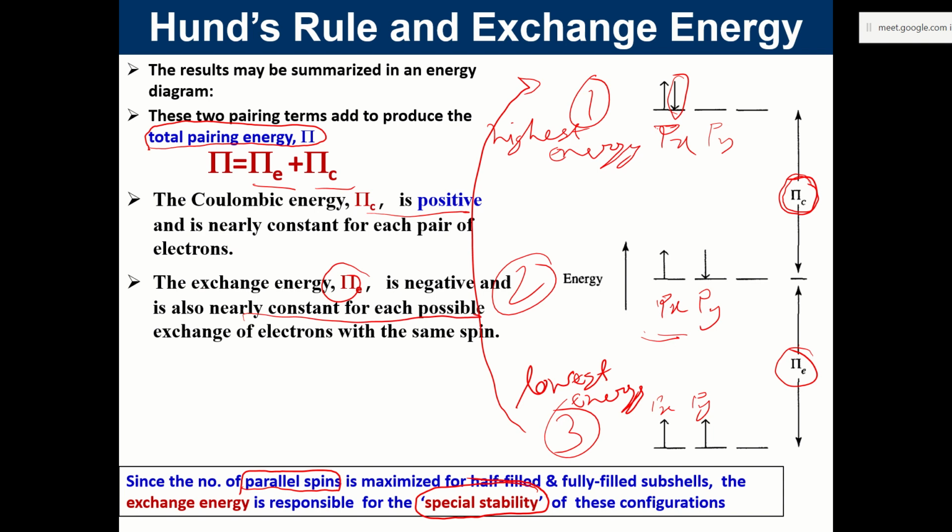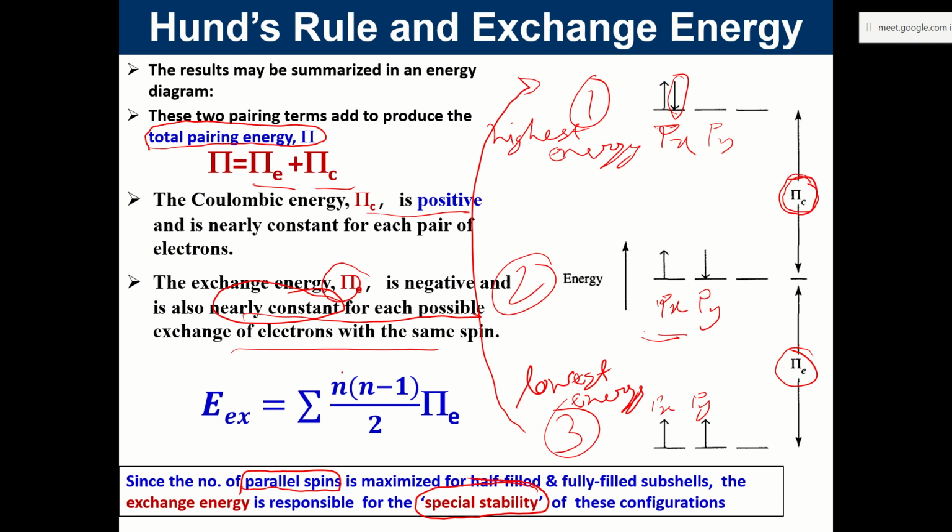For any two electrons the exchange energy is the same, so you can treat pi e to be constant for electrons with the same spin, and then you can calculate the total exchange energy.